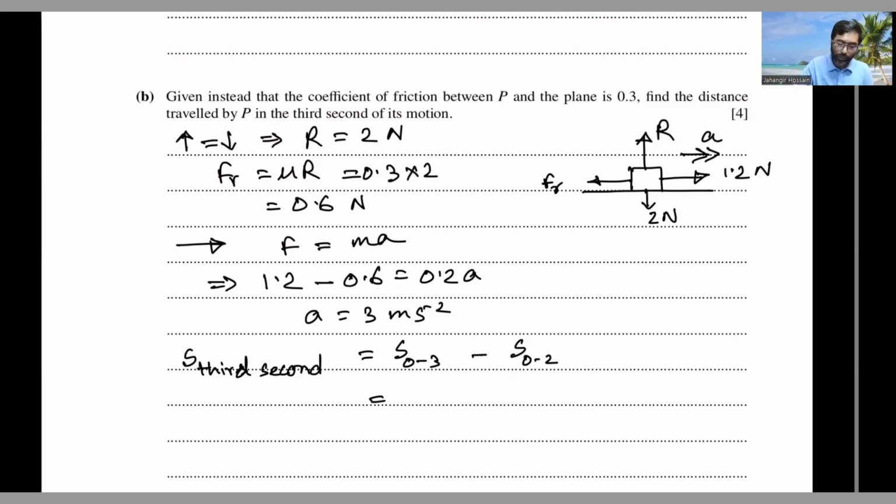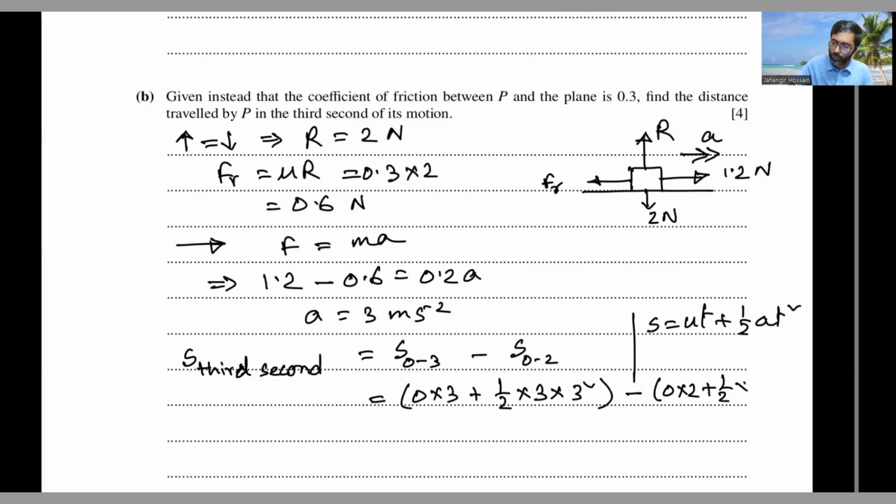You remember the particle starts from rest. So initial velocity u is 0. If we apply s equal to ut plus half at square: 0 into 3 plus half into acceleration 3 times 3 squared, minus s from 0 to 2, that will be 0 into 2 plus half into 3 into 2 squared.